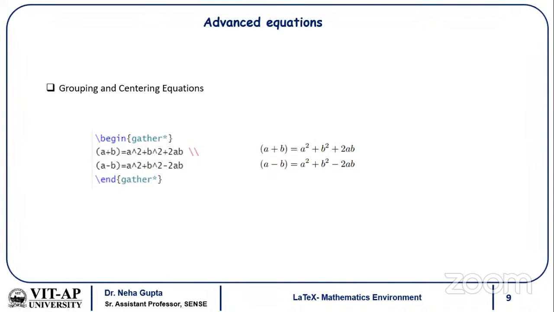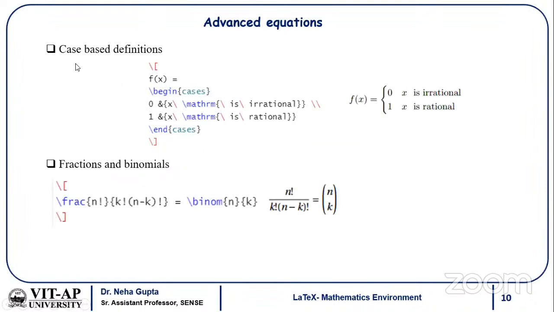That can be removed by using slash nonumber. If you want numbers for all the equations, then no need of writing anything. If you don't want numbers at all for all the equations, write it the way it is represented here. So three ways I have shown you in multi-line. And the last one, we have seen the case-based definitions.